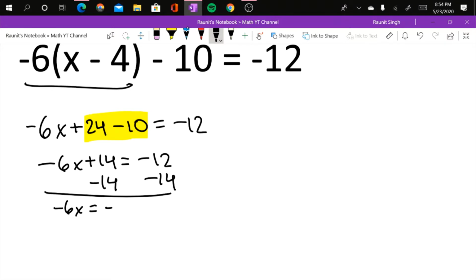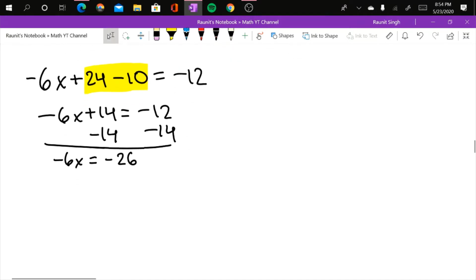We know it's negative because we're adding two negatives. You're basically adding 12 and 14 in this one, and that brings us to 26. And since both of these have a negative sign, you can cross out the negative sign.